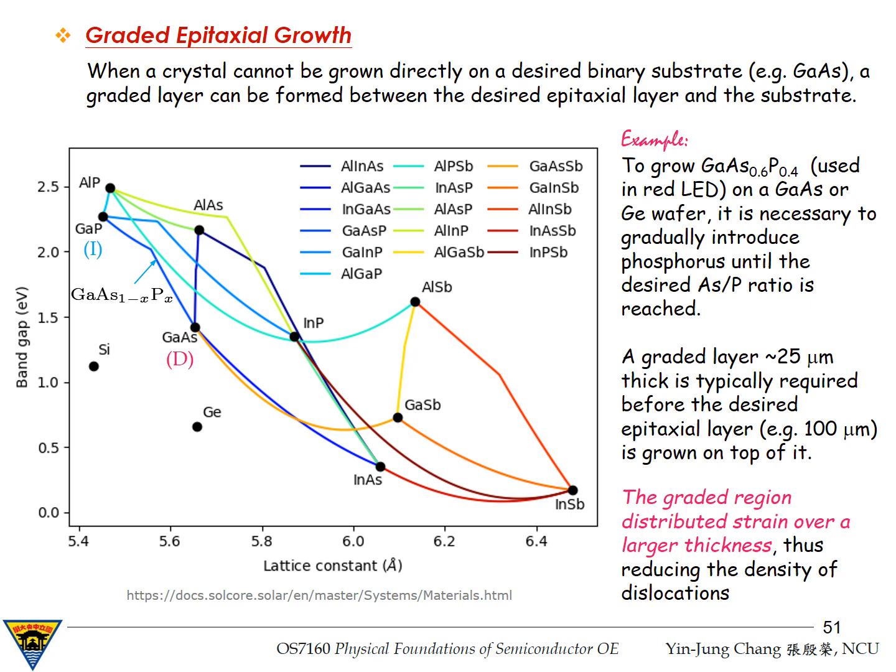This creates a gradual change in lattice constant rather than a sudden jump. And in the example given here, a graded layer of approximately 25 microns may be required before growing the final epitaxial layer, perhaps 100 microns thick on top of it.